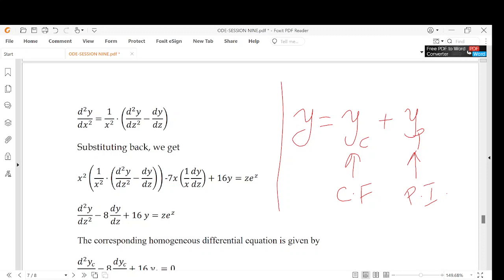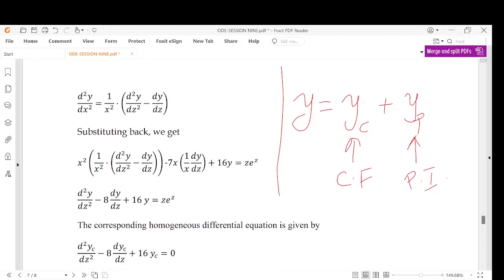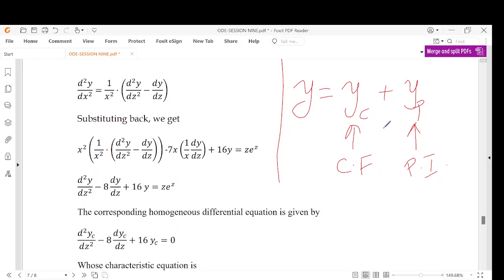The complementary function is the general solutions to the corresponding homogeneous differential equation, while the particular integral is the particular solution to the non-homogeneous differential equation. The normal process is first to find the complementary function, then we can apply the method such as the operator to find the particular integral.